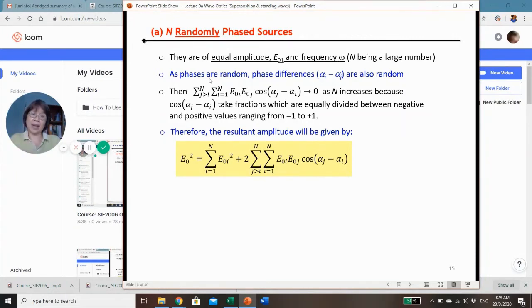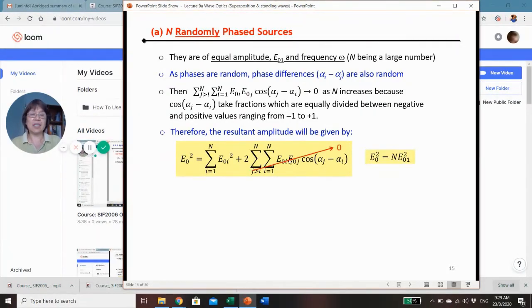So as the phases are random, the phase difference between the paired constituent waves are also random. And in that case, for this term in the resultant amplitude, we have to take the summation over the paired waves. Since this is random, summing this random number, which will be randomly dispersed between -1 to +1, they sort of cancel each other, and in the end you get almost equal to 0, provided that n is large enough.